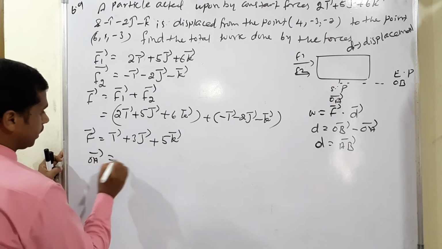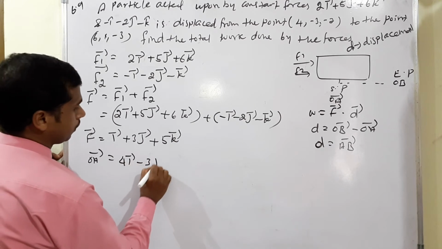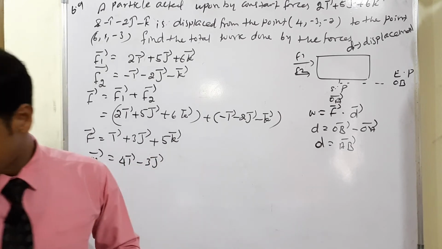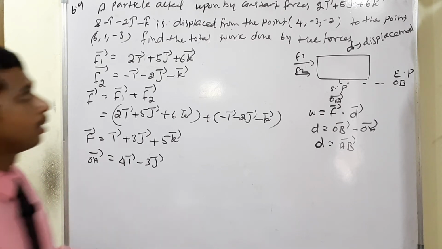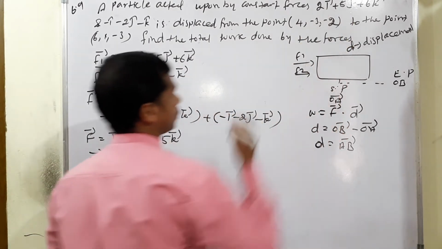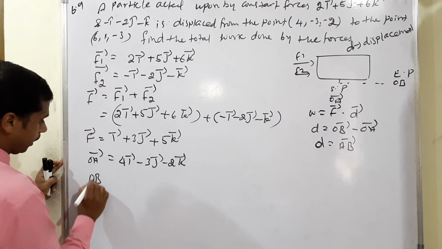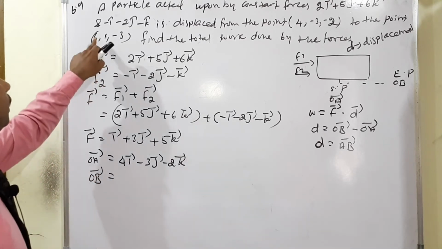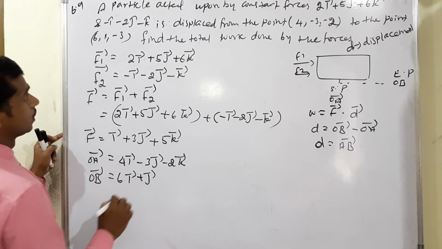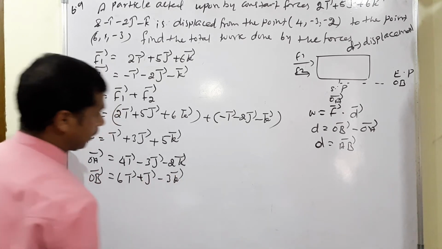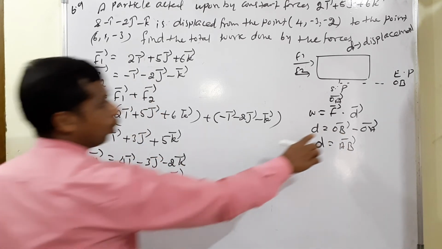So OA is equal to 4i vector minus 3j vector minus 2k vector. The end point OB vector is equal to 6i vector plus j vector minus 3k vector. The displacement formula: D is equal to OB minus OA.